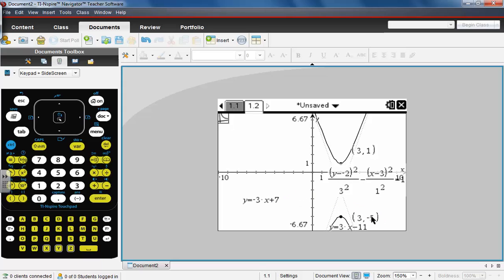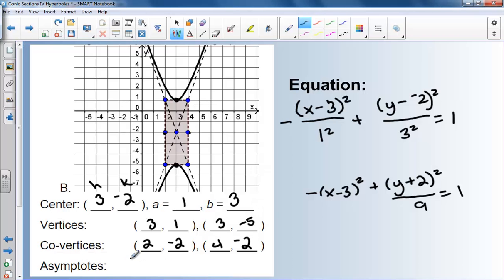So you'll see that these equations are not similar, well, a little, but not just a positive and a negative version of the same like the last. 3x minus 11 and a negative 3x plus 7 are my asymptotes here. Okay?